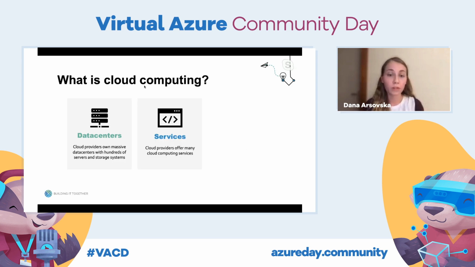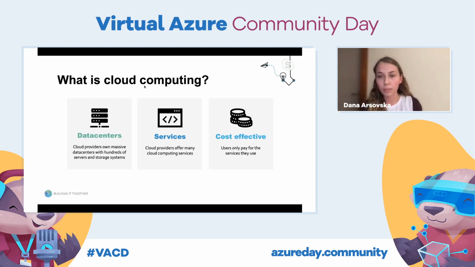Then we have a lot of services that cloud providers provide for us. Here we have services like storage, and we can think about different kinds of storage. Then we have machine learning services or data analysis, etc. And finally, the most important thing is that cloud providers provide a cost-effective way to run our applications.